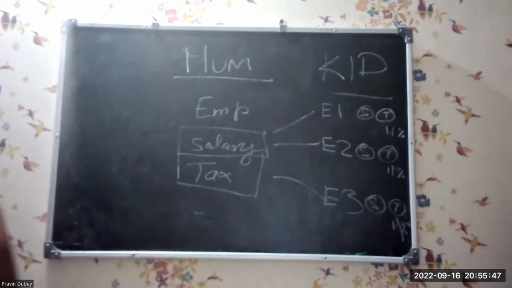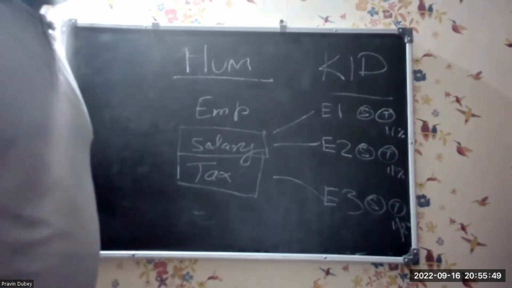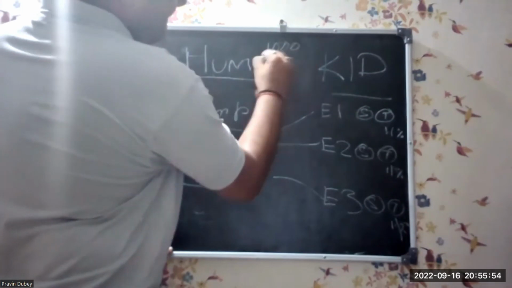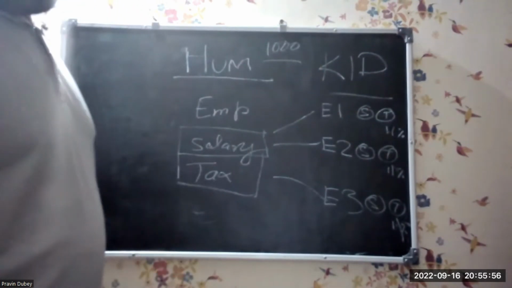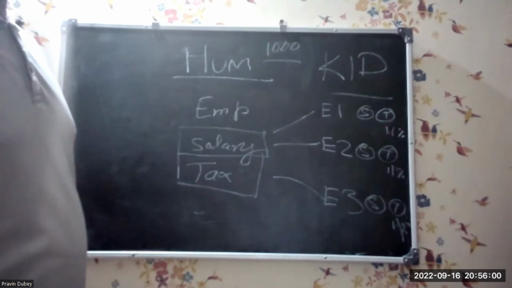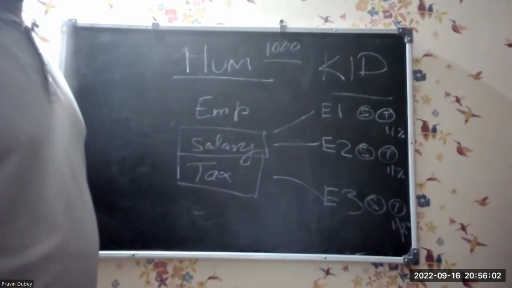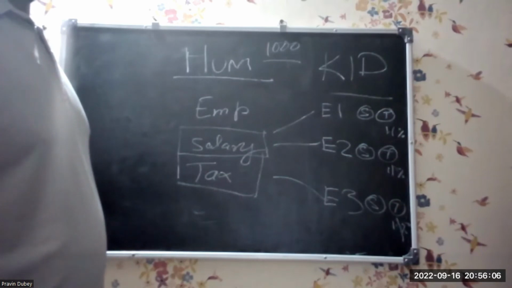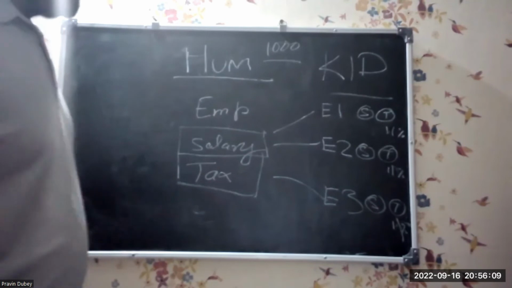If supposing we have about 1,000 employees, we have to change the percentage, and that will be a kind of work. So I think we can have a generic data for that, so when we make a change, it will affect all the employees. Perfect.